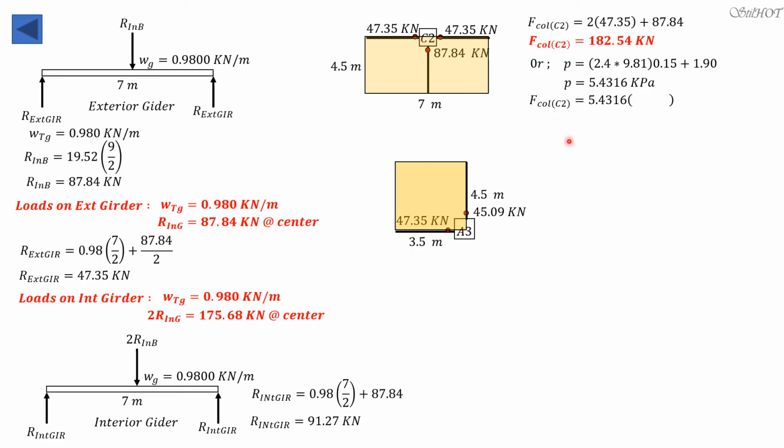So the force on column C2 by means of tributary area is 5.4316 times the area, which is 7 times 4.5, plus we have a beam which is a half beam. Then we have half of a half beam, because remember there is a beam here, but half of the weight of this beam is not distributed to this, the other half would be there. Then this is a half beam also. The half is distributed here, the other half is distributed there.